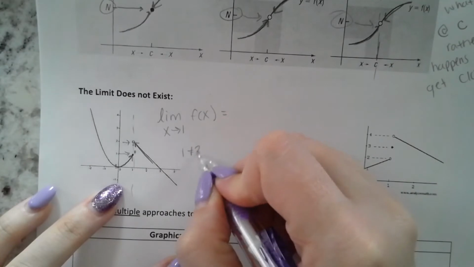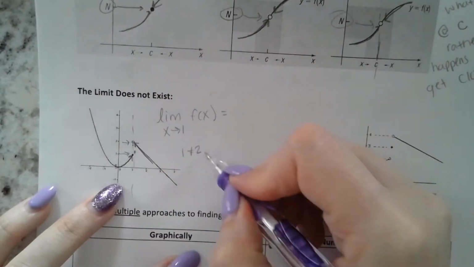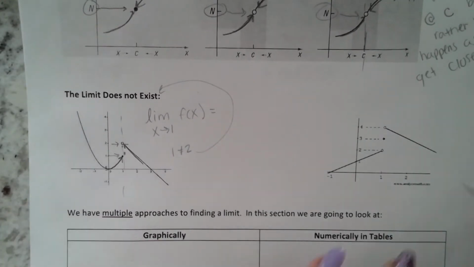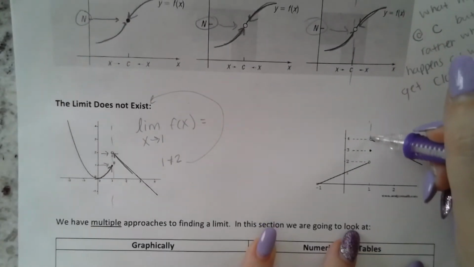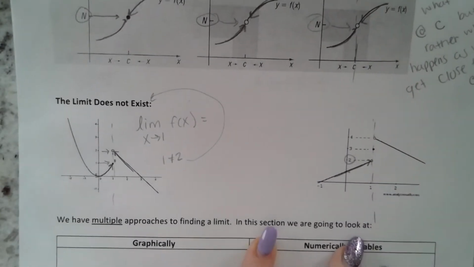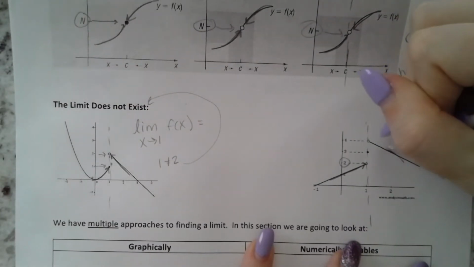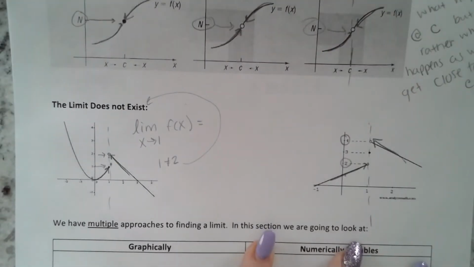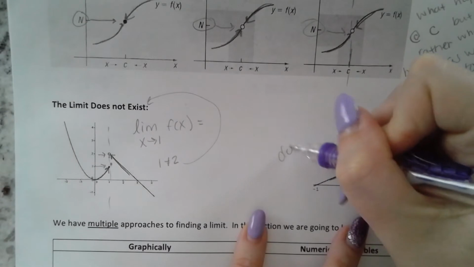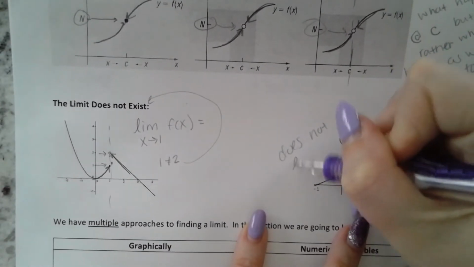Well, 1 is not the same as 2, so we say the limit does not exist. Same thing here. If we were getting closer and closer to 1, on this side the number is 2, but on this side we're getting closer and closer to 4. Well, 2 is not the same as 4, so we would say does not exist.